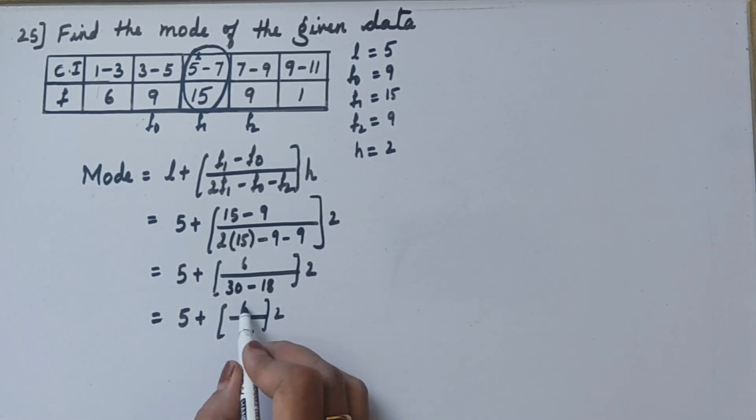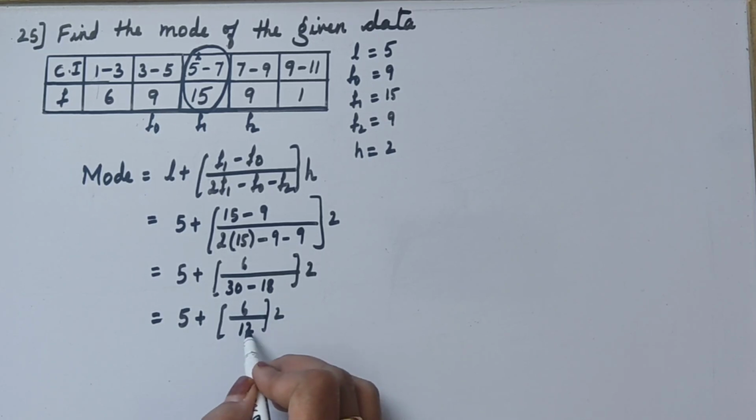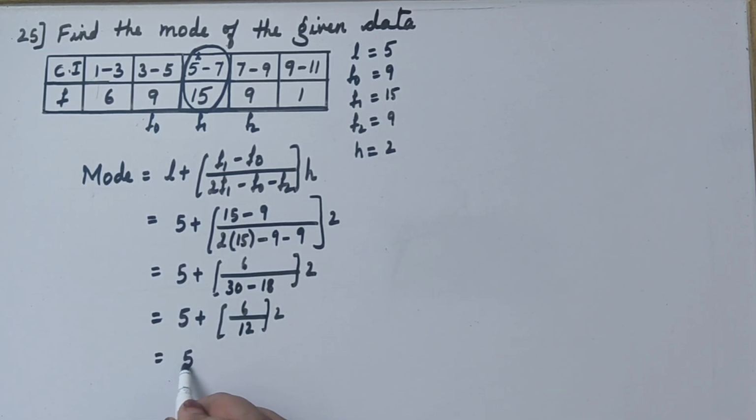You can either multiply or directly do cancellations. I'll go with this. So 6 twos are 12 upon 12. 12 ones are 12. This is 5 plus 1 equals 6. I hope this is clear.